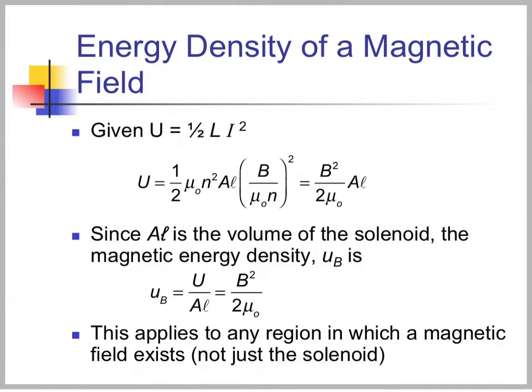In this case, it's 1/2 1 over mu naught B squared. The energy per unit volume inside the solenoid is B squared over 2 mu naught. This applies to any region where there's a magnetic field, not just a solenoid. It's analogous to the expression we got for the energy density.